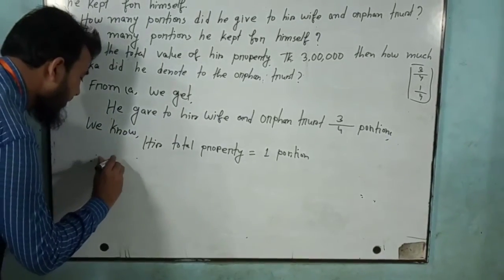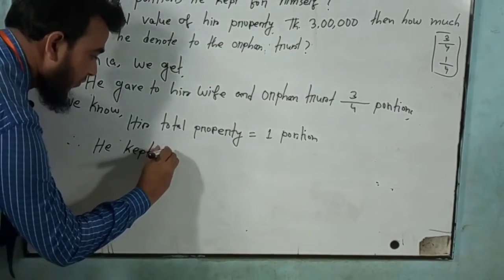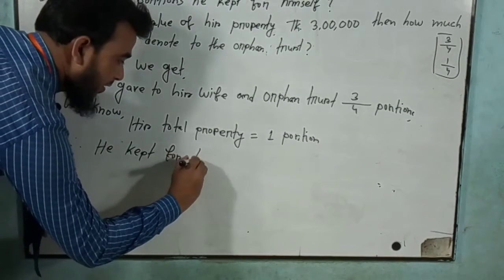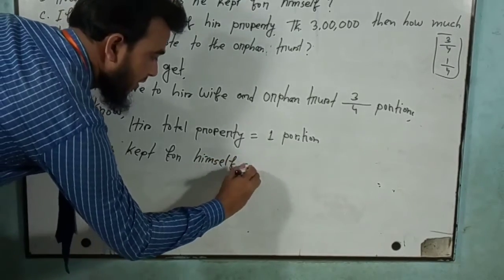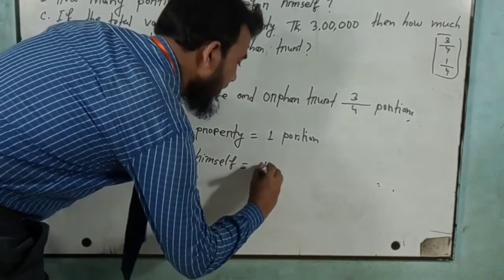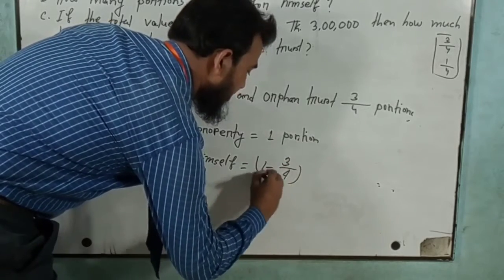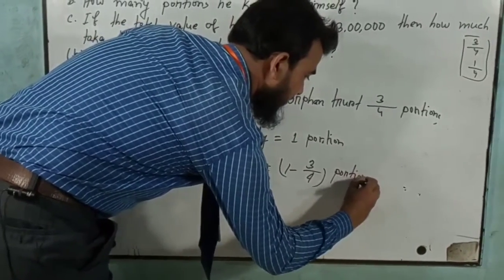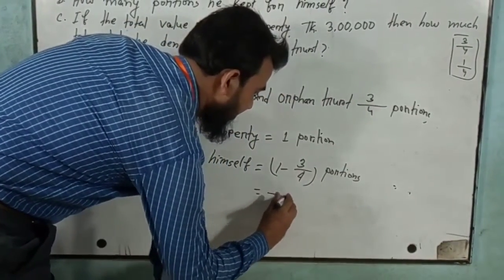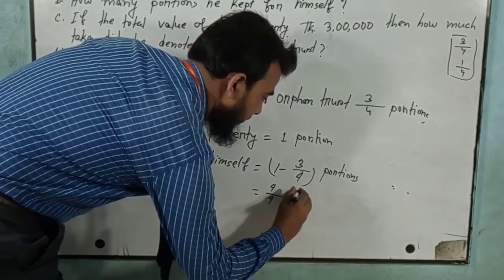Therefore, he kept for himself equal to 1 minus 3/4 portion. Then here we can write 4/4 minus 3/4.